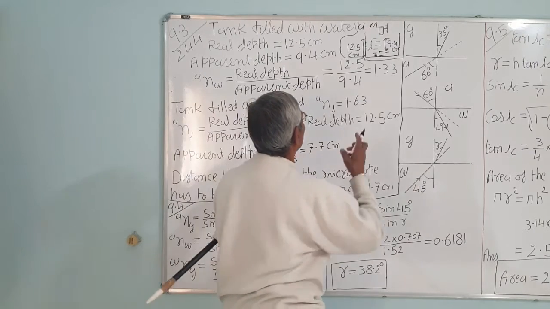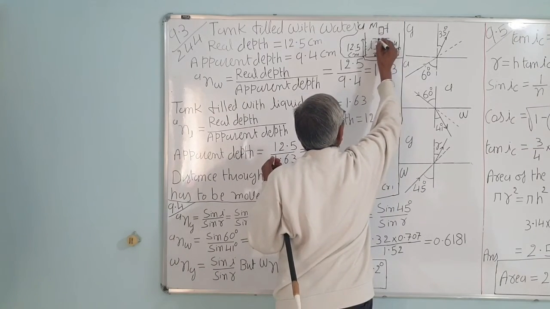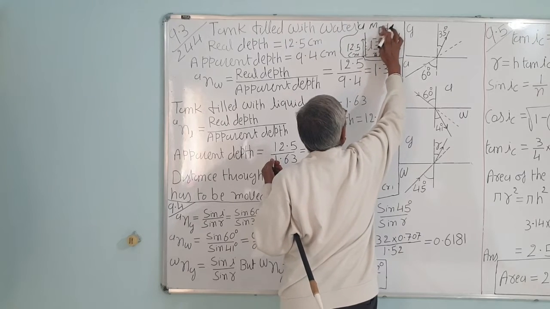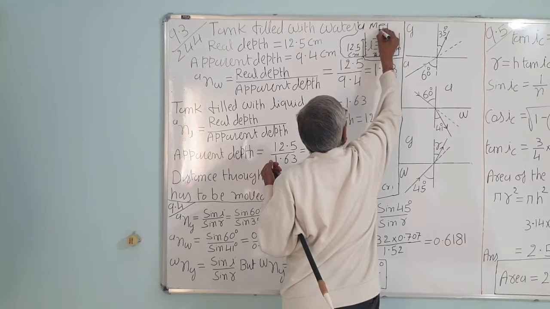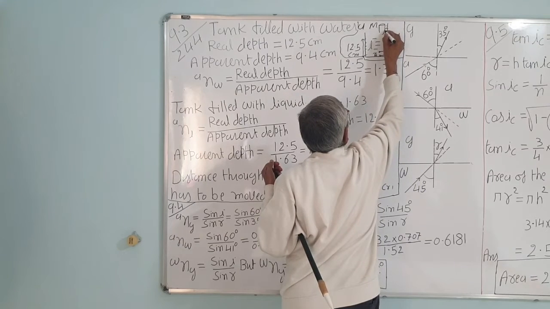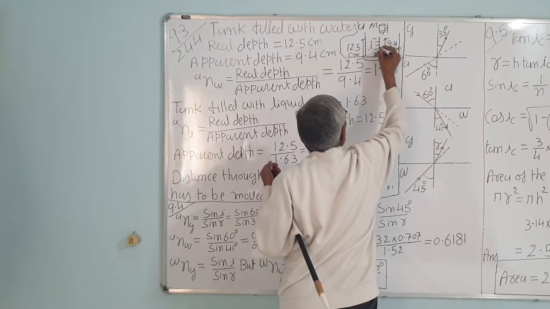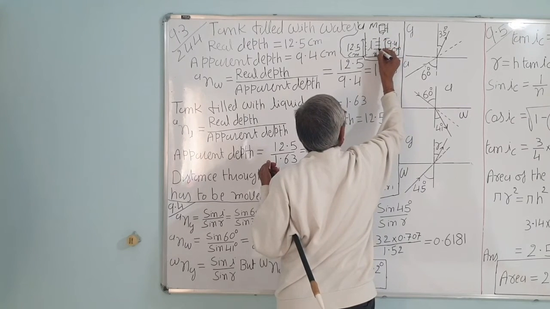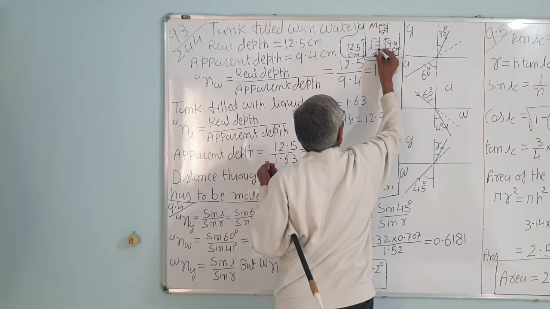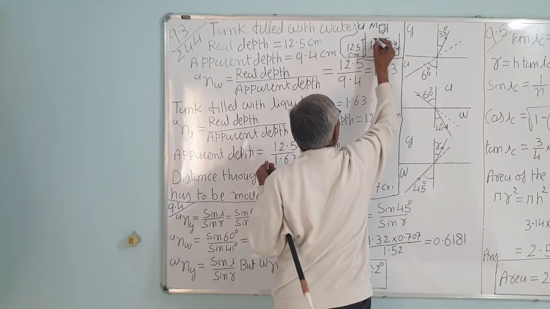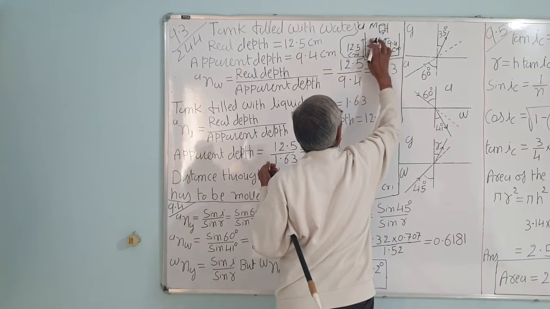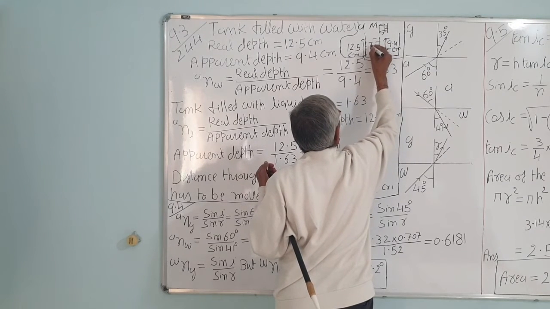So instead of 9.4, it is seen at 7.7, and the microscope has to be moved up. It is now seen at this height, 7.7 when it is filled with the liquid.